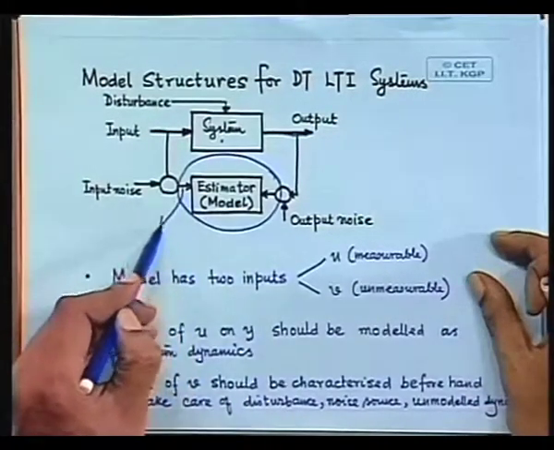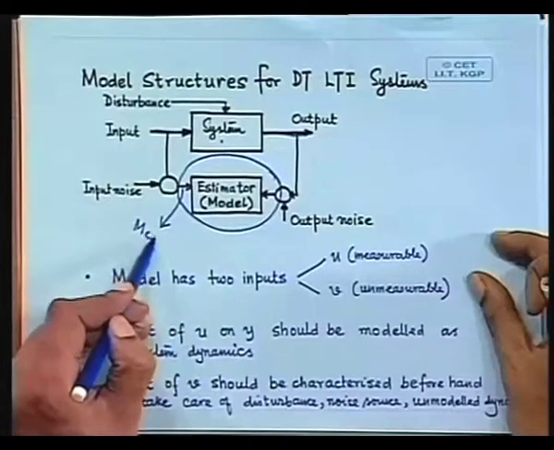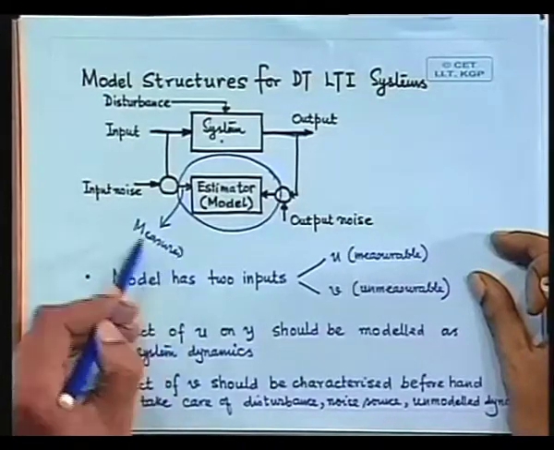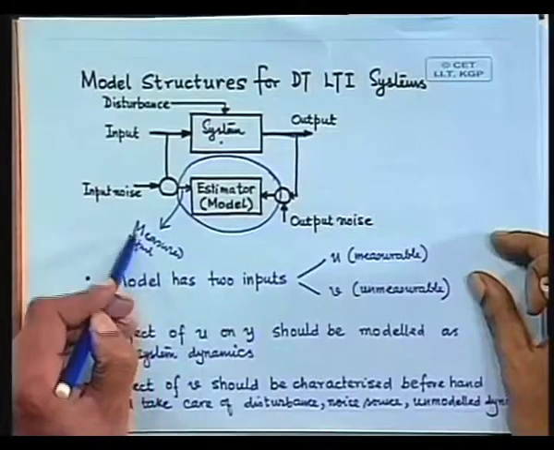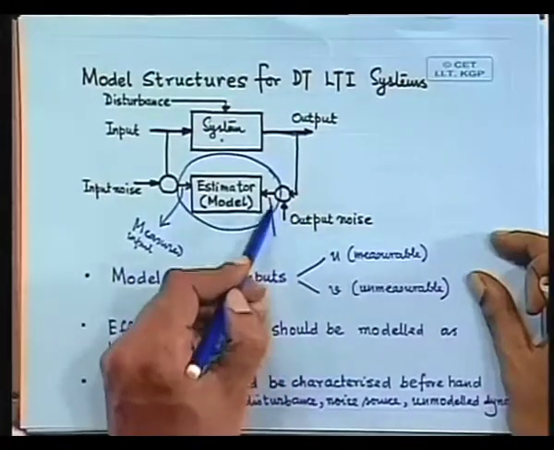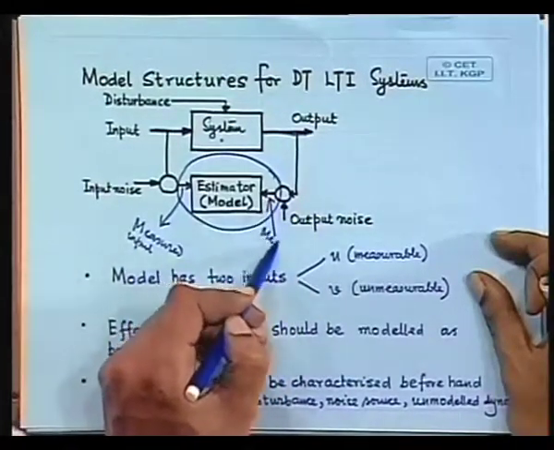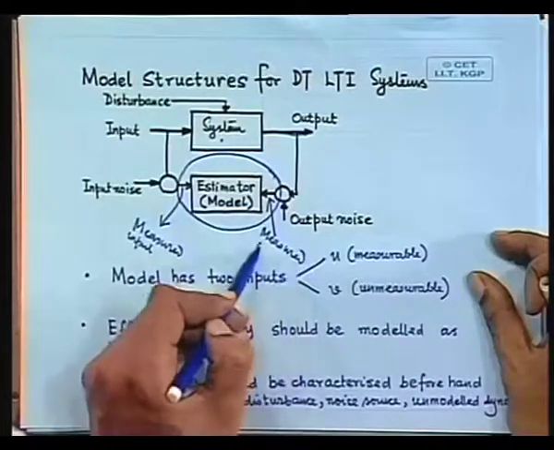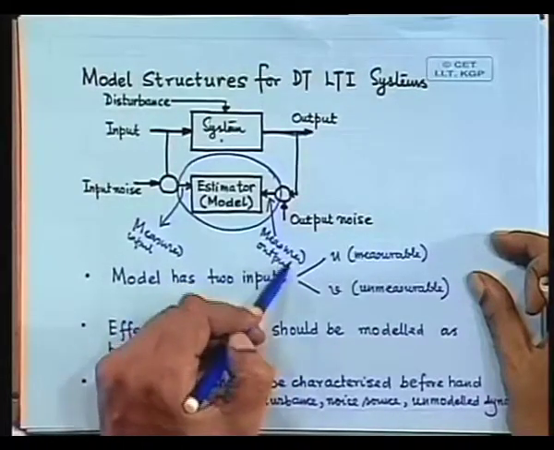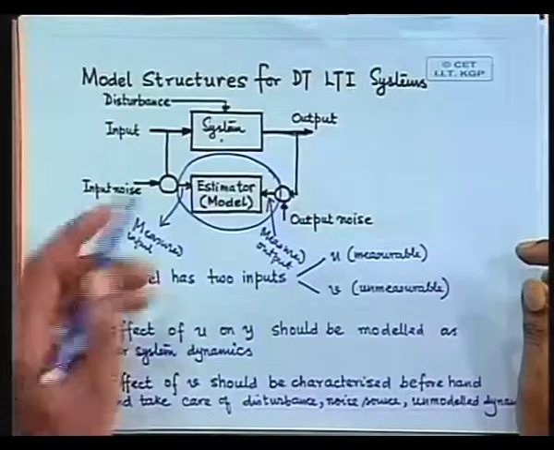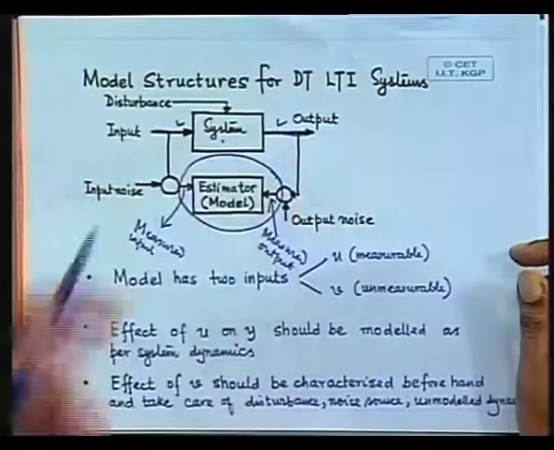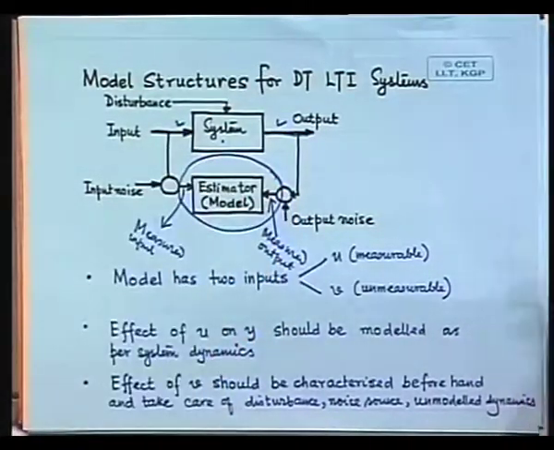You are sending measured input and measured output. Remember that they are not the same as this and this, because you have to use a transducer that may introduce measurement noise.